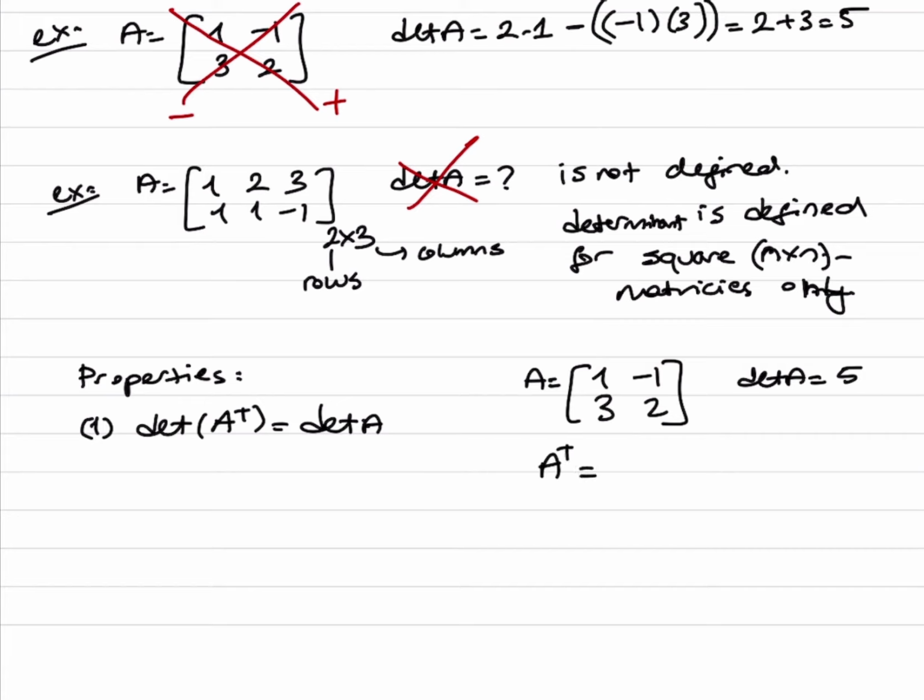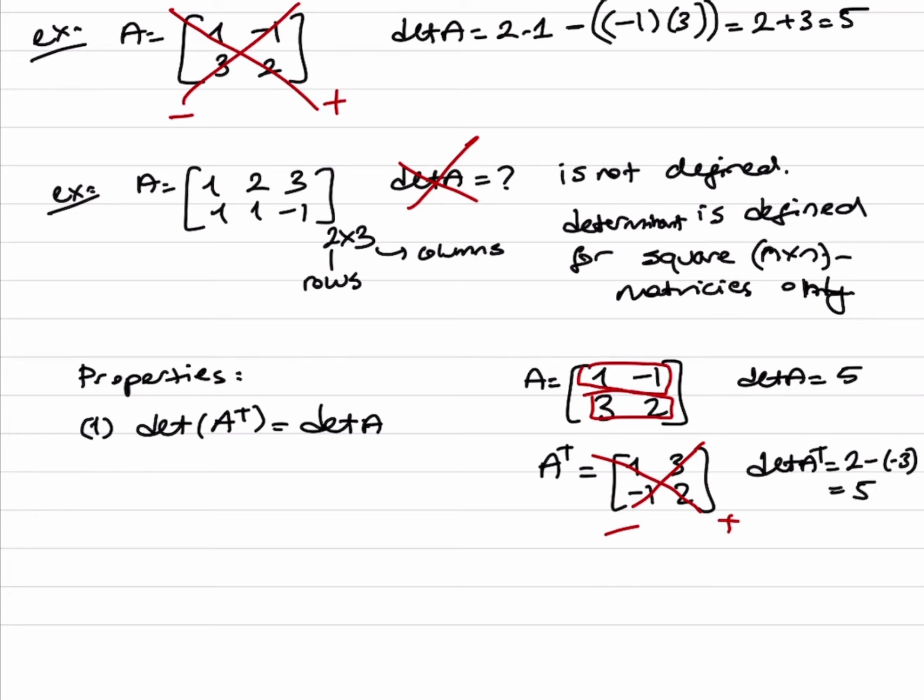What is A transpose? We write rows to the columns. So we write 1, minus 1 into the column, 3, 2 into the column. Let's see the determinant of A transpose. So this is plus, this is minus. So again, we have 5, right? 2 minus minus 3. So the determinant of A is equal to the determinant of A transpose.